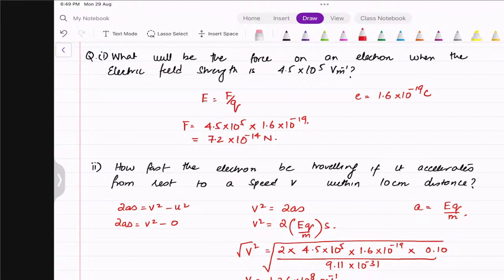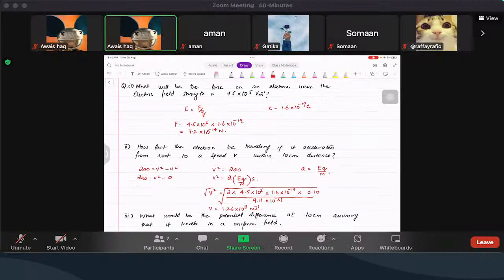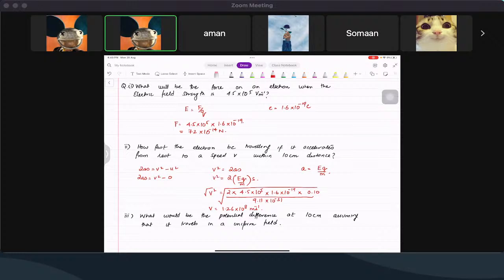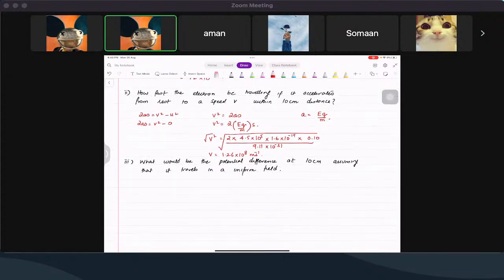Okay, now keeping that in mind, let's move to the last one. Because it is moving in a uniform field, we have to find the potential difference. Do you guys know any formula related to that?